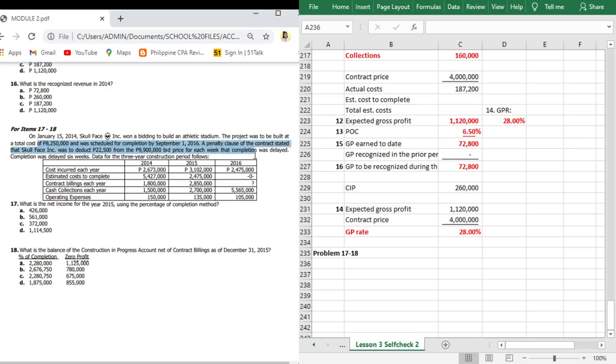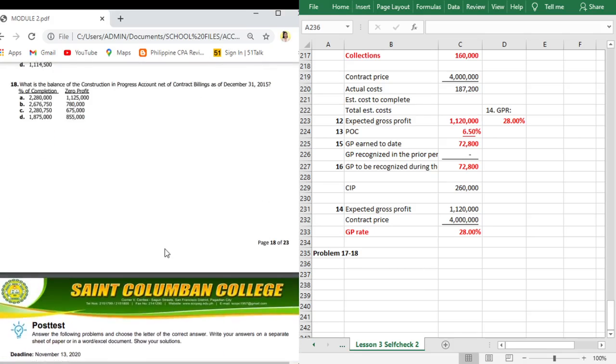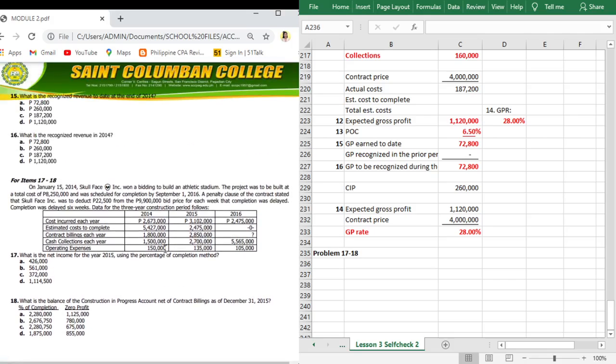Okay, if ever the completion was delayed. Now, completion was delayed 6 weeks. Okay, na-delay siya 6 weeks and data for the 3-year construction period follows. Okay, so pila ang... So I guess this is another pangit nga problem, I guess.